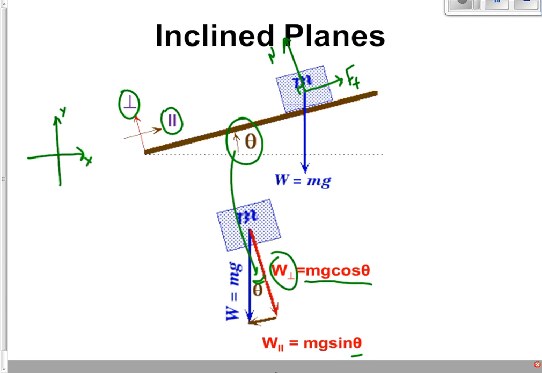If the angle was 90 degrees, then the parallel component would be mg. mg sine of 90 would be mg times 1, the full weight. So ramps effectively dilute the acceleration of gravity from 0 on a flat ramp to g on a completely vertical ramp, and everywhere in between.